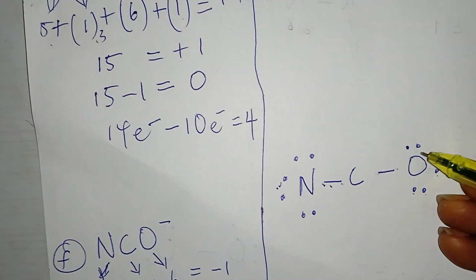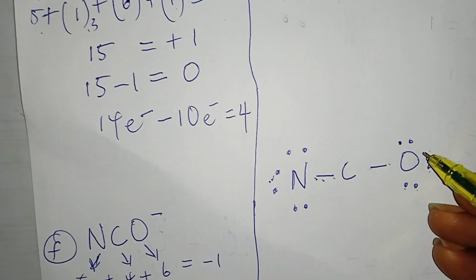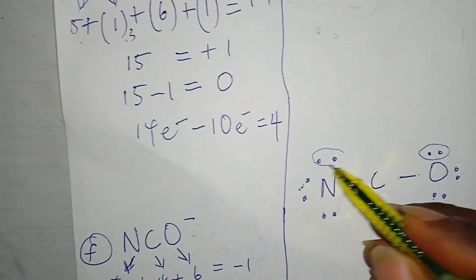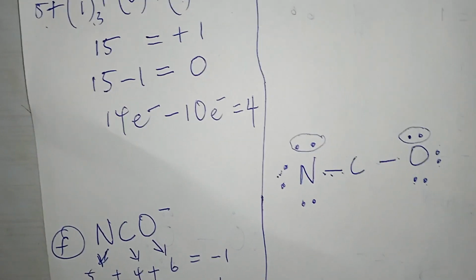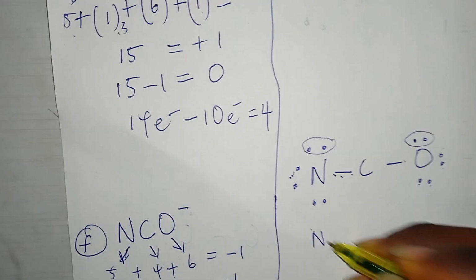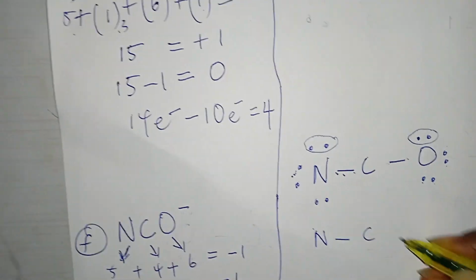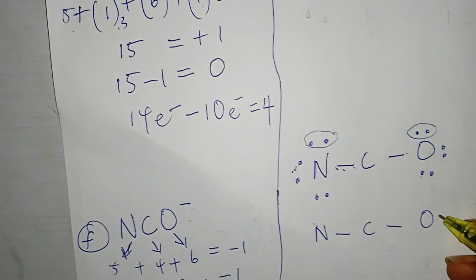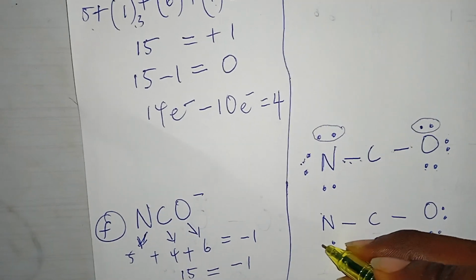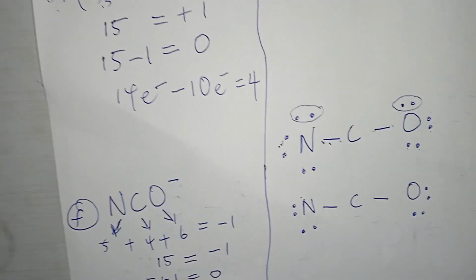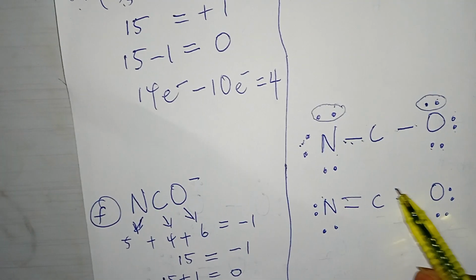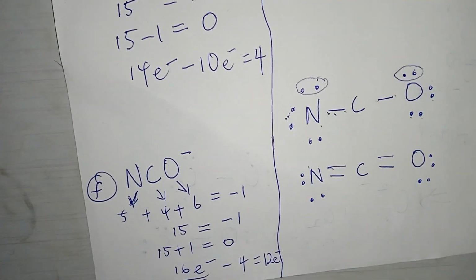So to make it complete, once you've exhausted all electrons, start by carrying the lone pair. If I carry this lone pair and put it here, let me draw everything I have. Now since I'm carrying this lone pair and this lone pair, let's check.